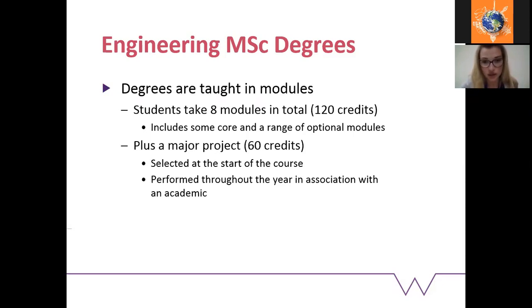In engineering, they have a lot of different optional modules that you can choose from, and that's where your specialism comes into play. That's how you start specializing, and then you've got your major project, which would be 60 credits. Normally you start selecting it at the start of the course, but I would recommend thinking about it in advance, before you even come to Warwick.